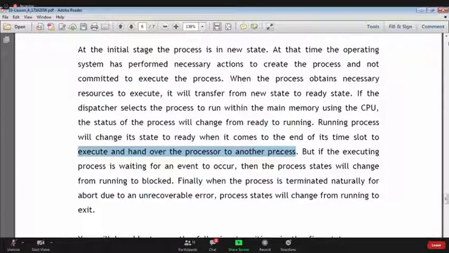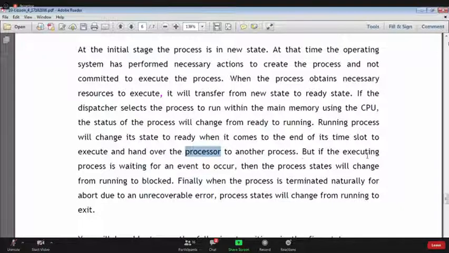When your time slot is finished, you allow the processor, the CPU, to select another process, but you have to wait in the ready state until you get another turn.